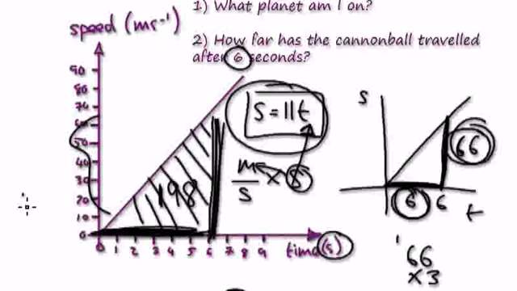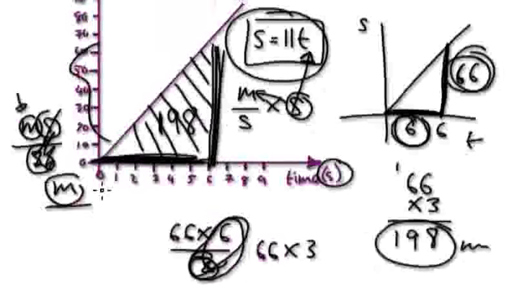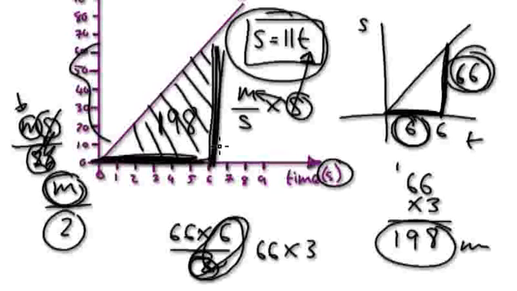It looks like meters times seconds over seconds, so these two kill off each other, and that gives you meters. And then you had to divide by 2, but numbers don't have units, so you're just left with meters. So the overall answer is 198 meters. Okay?